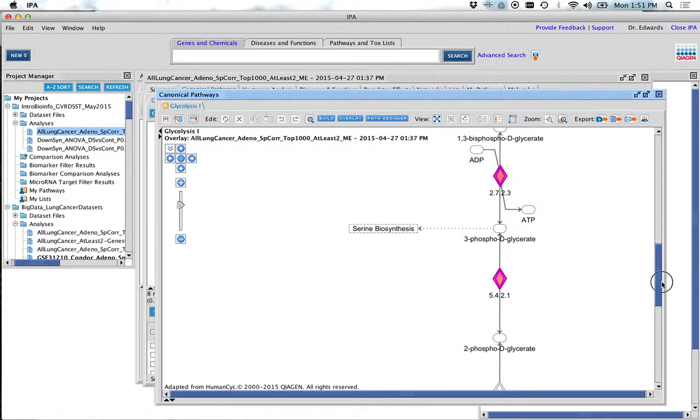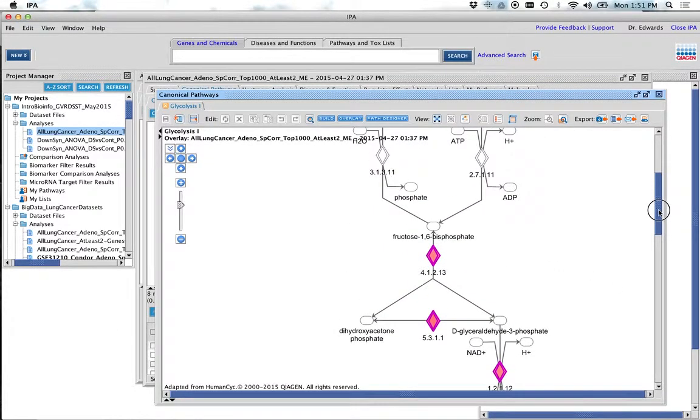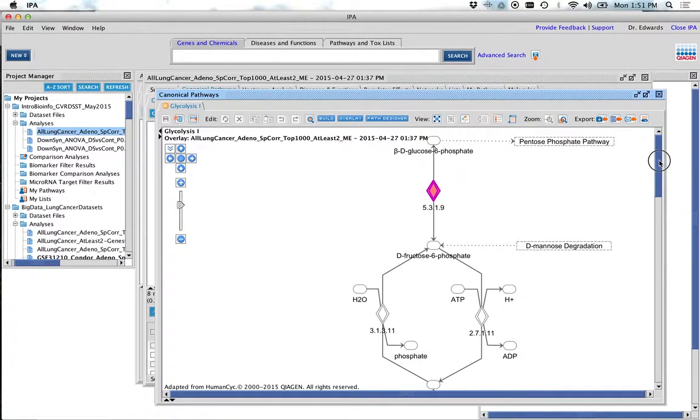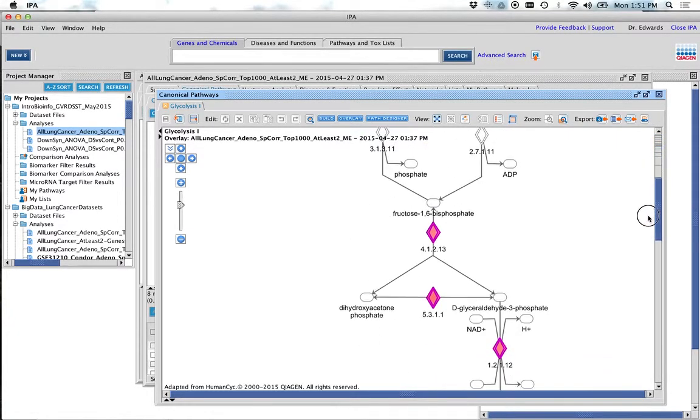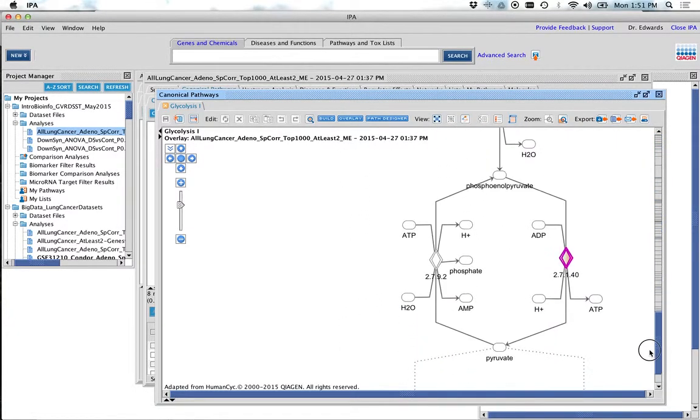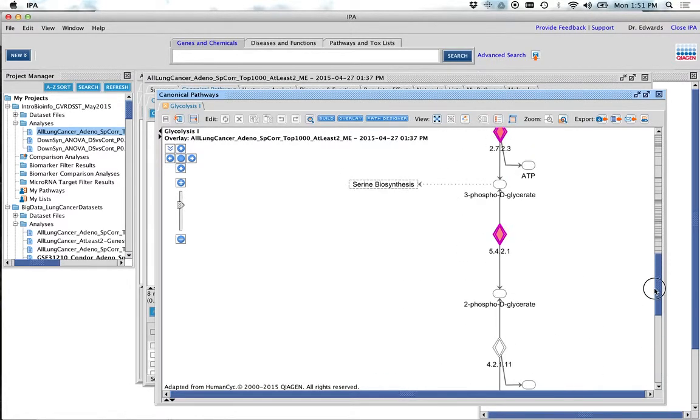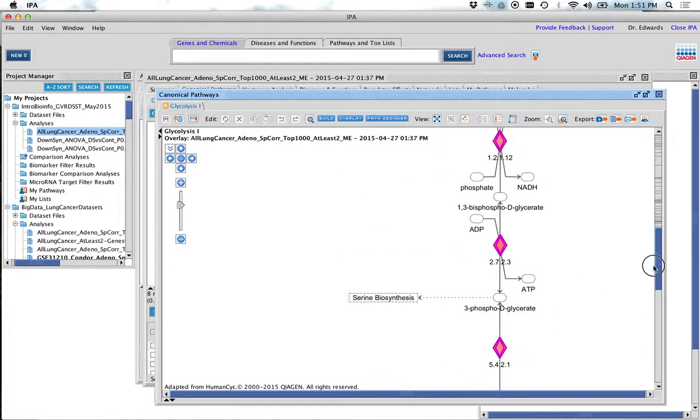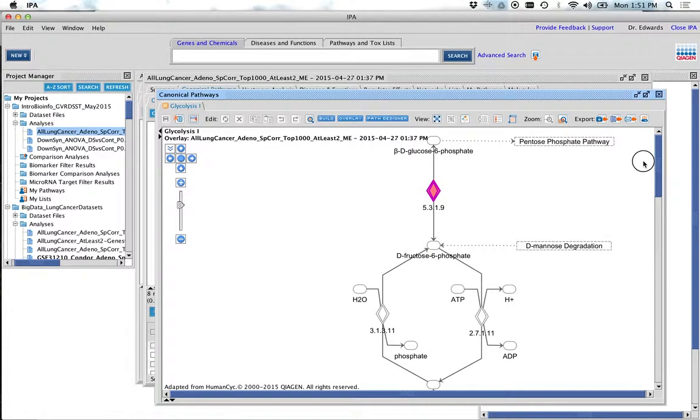Remember, if it's red, it's going up, or it's increasing as the cancer gets worse. Look at all these enzymes. What color are they? Pink, red, yeah? So that means they're up. If you try to put this in the context of cancer biology, what is this telling you about these tumors?